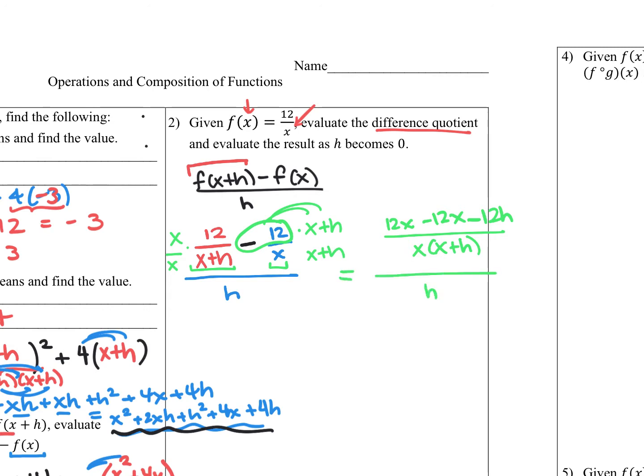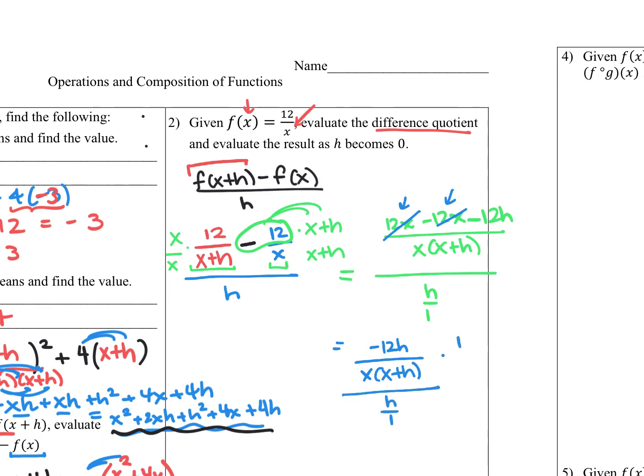Now remember we talked about that if you're dividing a fraction by something, really the denominator here is h over 1, it's multiplying by the reciprocal. And actually right before that, I just noticed that this 12x and that minus 12x could cancel out. So really all I have on the top is -12h. That's over x times x plus h. And this is all over the h, or h over 1.